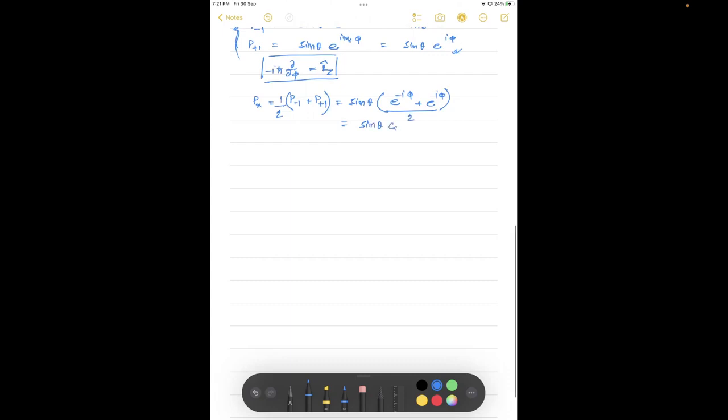So with sin theta, this combination will be cos phi. We know from Euler's rule that e to the power i phi equals cos phi plus i sin phi.